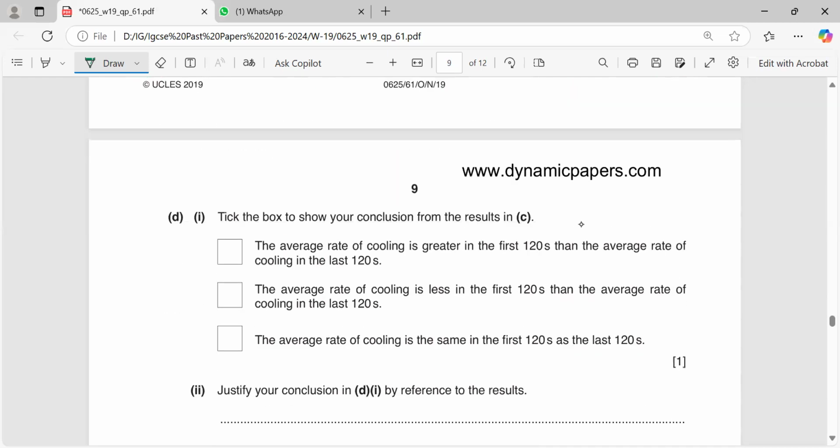Next, tick the box to show your conclusion from the results in C. In the first 120 seconds the temperature fall was 10 degrees Celsius, and in the last 120 seconds the temperature fall was 7 degrees Celsius. So of course in the beginning the average rate of cooling was greater, and in the end the average rate of cooling was smaller.